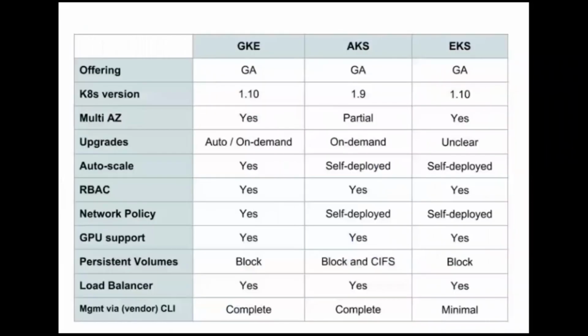On a comparison between them, you can configure automatic updates in AKS, while in EKS only on-demand updates are there. Autoscale is possible in GKE, but you will not be able to autoscale in AKS and EKS. Role-based access control is available, network policy is available, and the persistent volumes supported are block and file. Load balancers are all available, and management via the CLI is completely manageable in both Google and Azure.